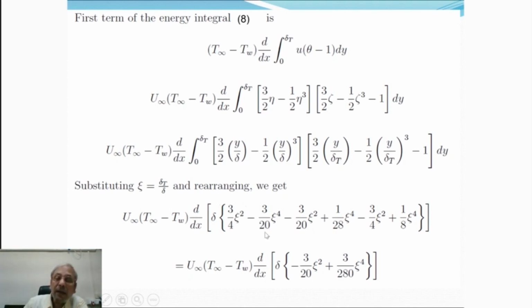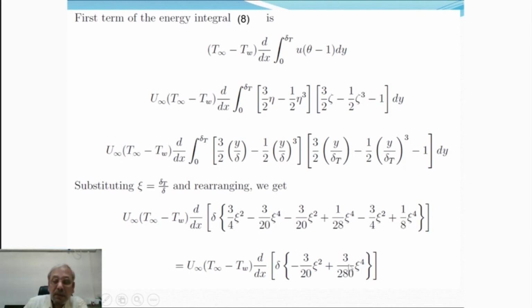We have written it as d/dx of delta within the curly bracket: 3 by 4 zeta square minus 3 by 20 zeta 4 minus 3 by 20 zeta square plus 1 by 28 zeta 4 minus 3 by 4 zeta square plus 18 zeta 4.